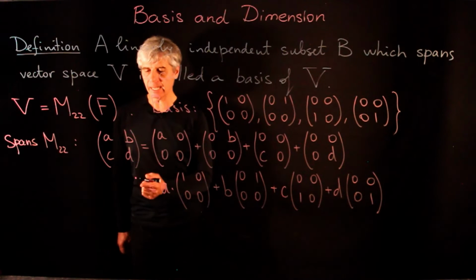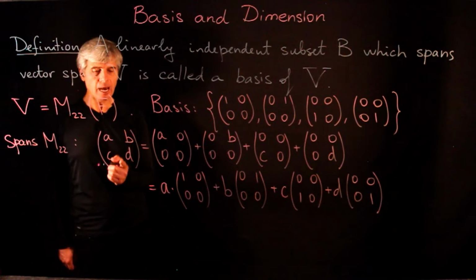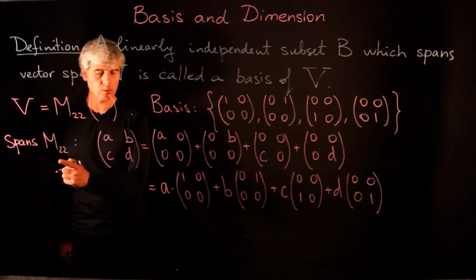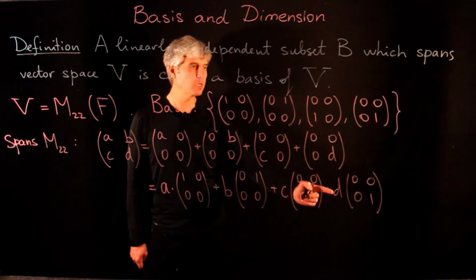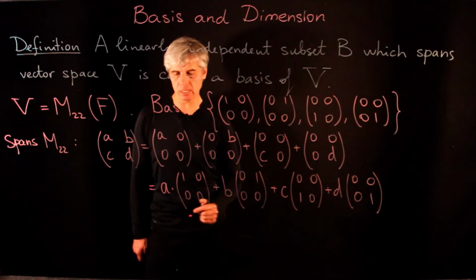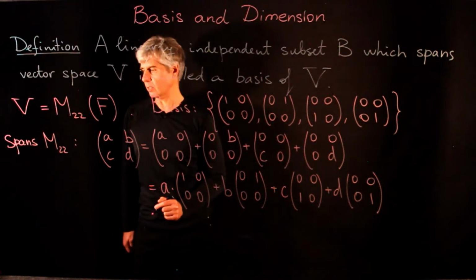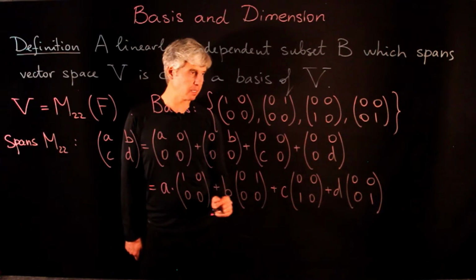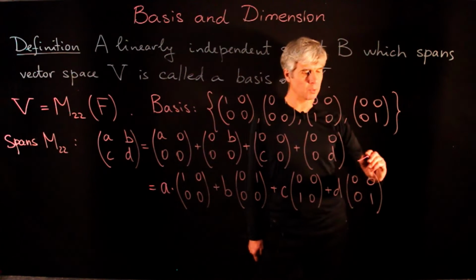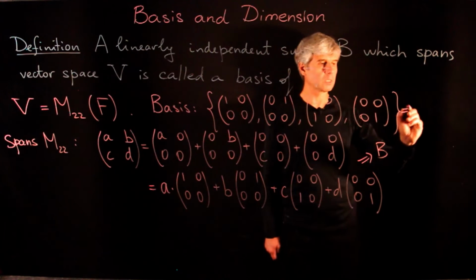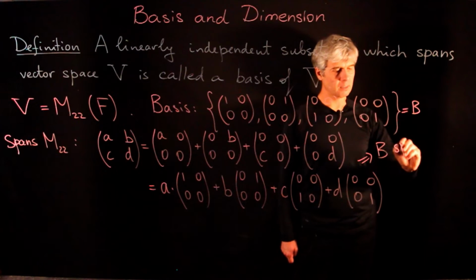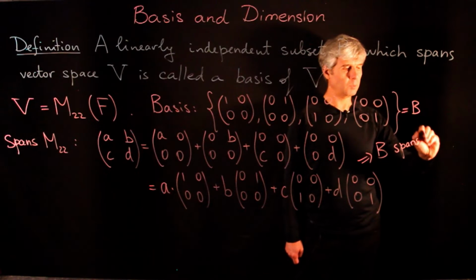What we see is that an arbitrary matrix from M22 can be written as a linear combination of the four given matrices. So the conclusion is that this set B spans M22.